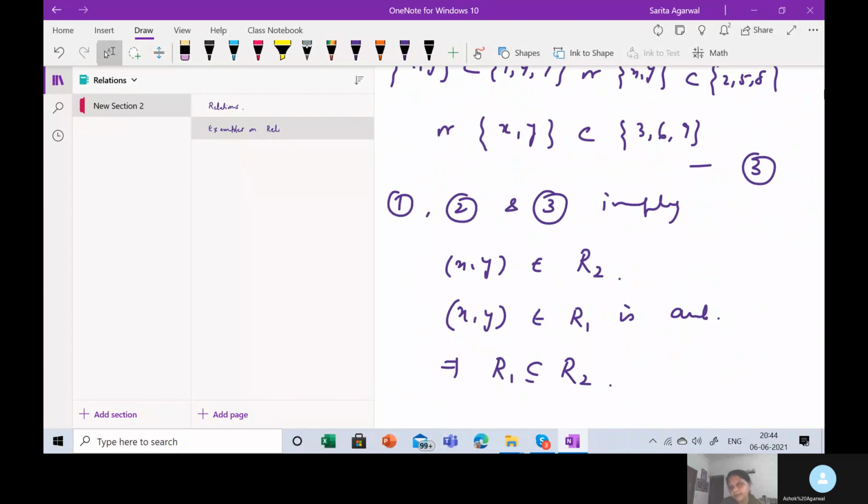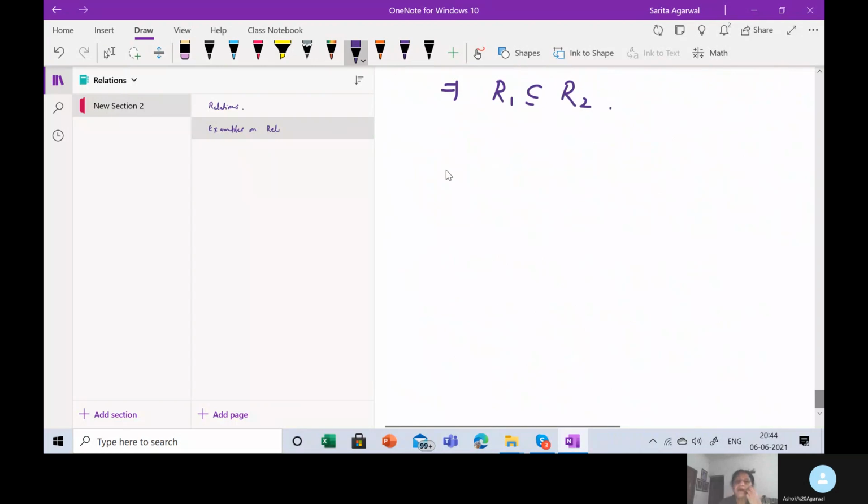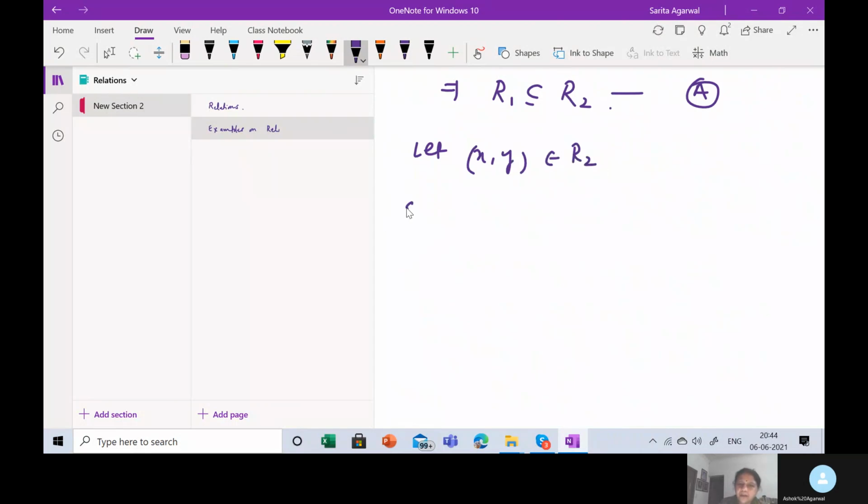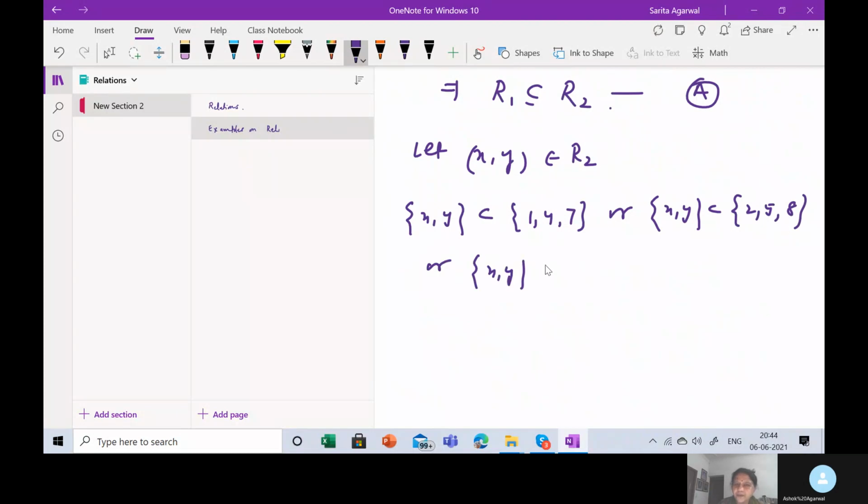Now on the other hand, let xy belong to R2. That means xy are chosen from 1, 4, 7, or 2, 5, 8, or 3, 6, 9.